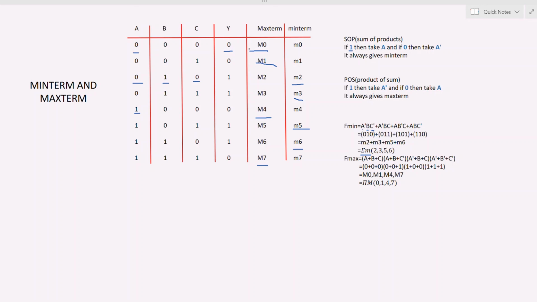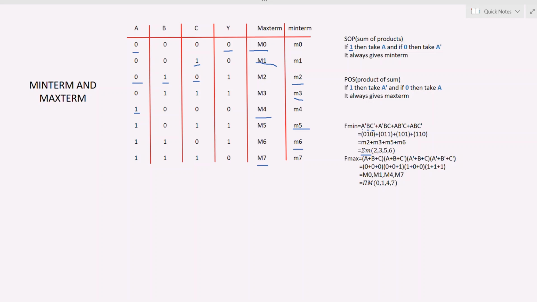What we get for M0 is A, B, C. We write it in POS form, so we need to write A plus B plus C. Then we need to take multiplication, and then the next term, which is nothing but A plus B plus complement of C, because it's 1. In the same way we can write it for M4 and M7.